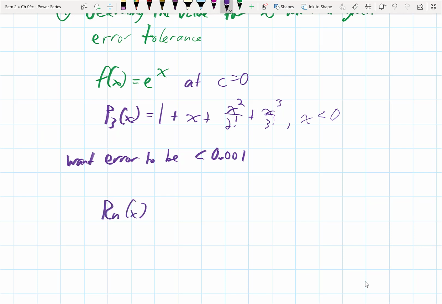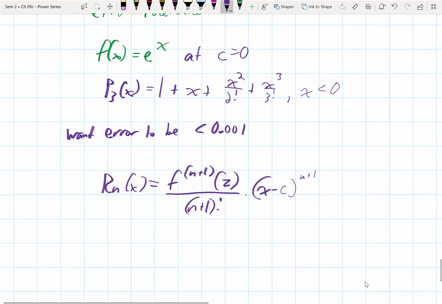R sub n of x is equal to, this is the remainder of the general one, the n plus 1th derivative of some z value in between x and c, divided by n plus 1 factorial, times x minus c to the n plus 1. So this is for a general Taylor one.